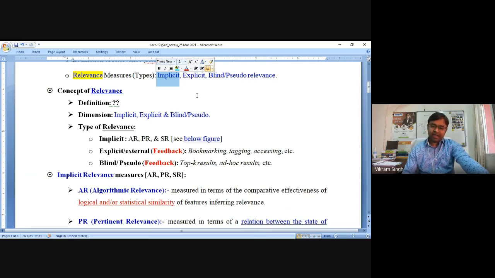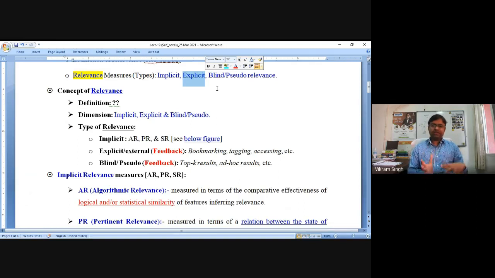And whenever we say explicit and pseudo, these are considered as a kind of feedback, because it is derived from some sort of external behavior of the user or maybe some sort of external behavior of the system, right? For explicit relevance, we assume that it is coming directly from the user's interest. So the user will naturally push a query, and after getting some results, the user will again be interacting with the system.